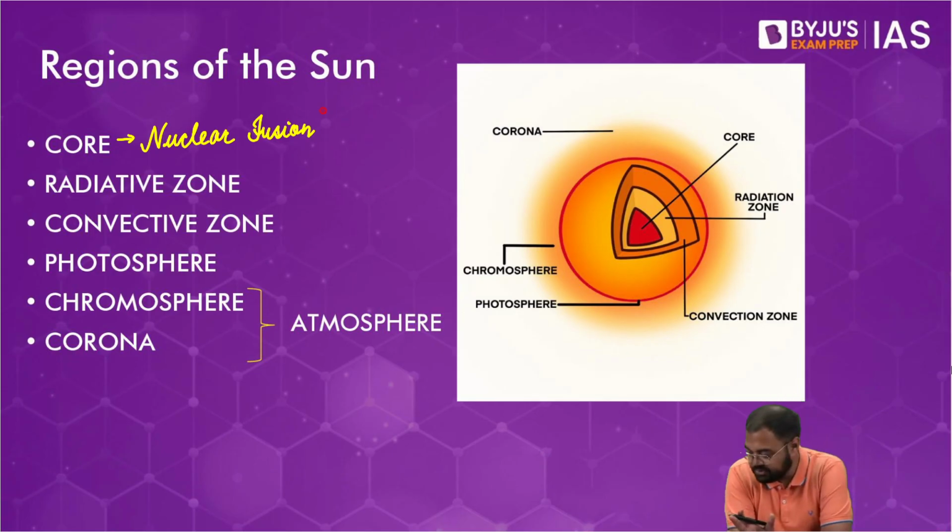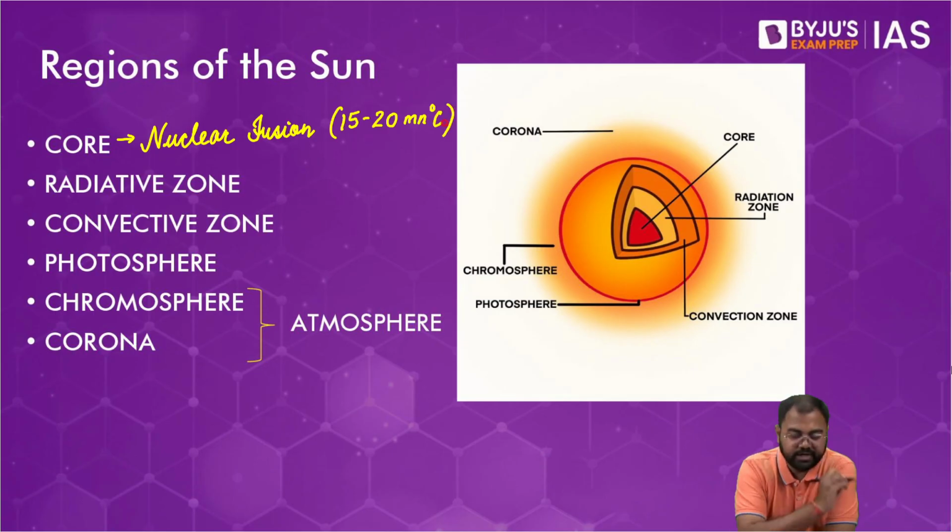Temperature at the core of the sun is very high, because nuclear fusion is happening here. A lot of energy is being generated, a lot of heat and light is being generated. So temperatures are pretty high. The temperature can be in the range of 15 to 20 million degrees Celsius. All right, 15 to 20 million degrees Celsius could be the temperature of the core.